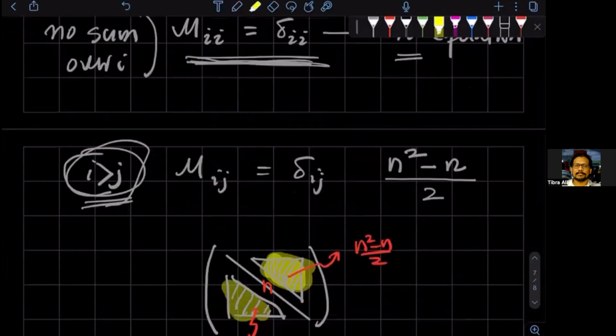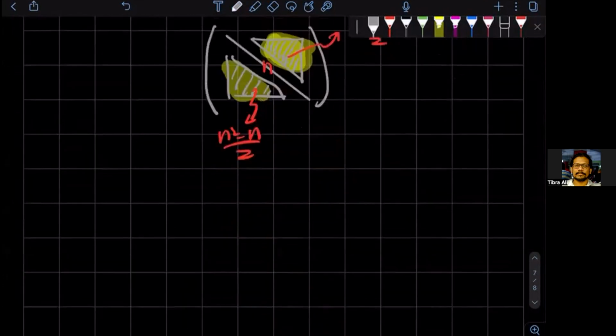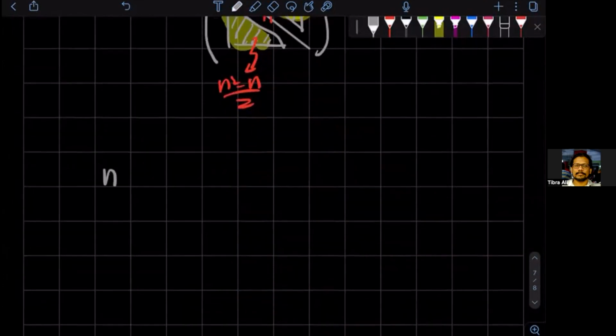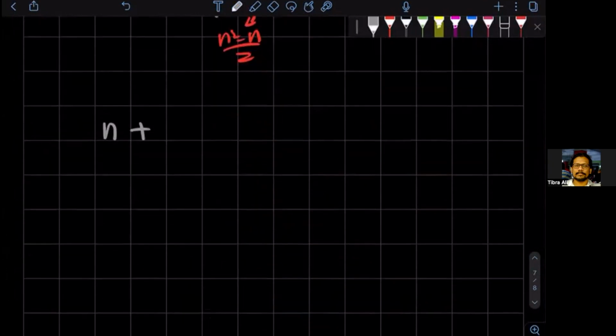Therefore, the total number of equations contained in this set of conditions is going to be n plus n squared minus n over 2.